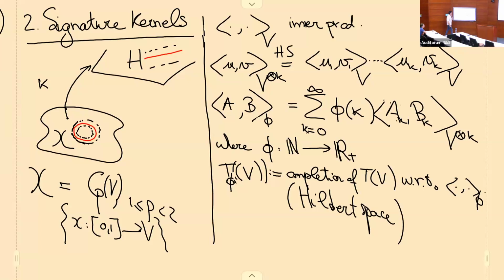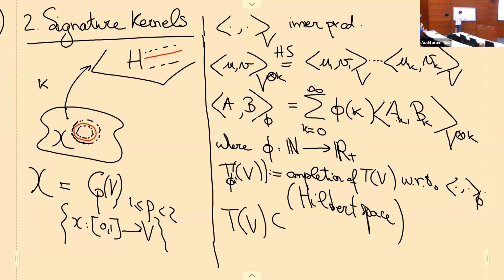Right. Now, of course, we have been talking about signatures. So at the very least, what we would like to ensure is that signatures live in this space, right? That they are elements of this space. Just as a reminder, the smallest space is T(V) with only one bracket. The signatures don't belong to this space because it is too small.